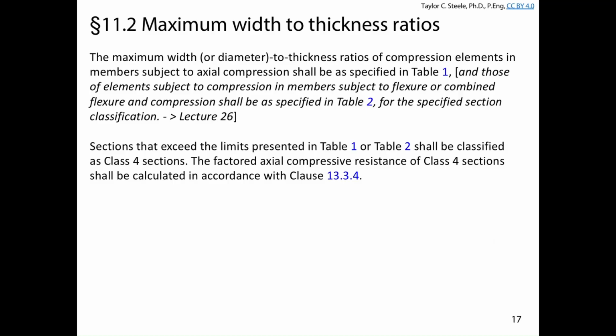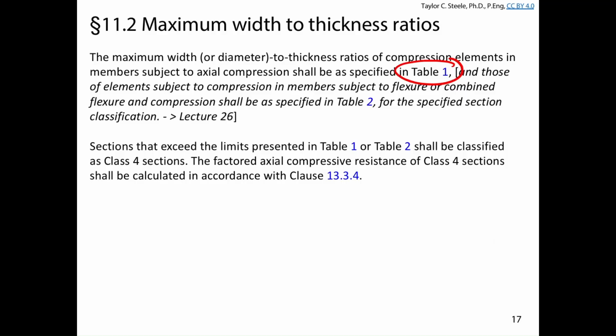So here it says the maximum width, or sometimes diameter for pipe sections, to thickness ratios for compression elements subject to axial compression are going to be in table 1. And so in table 1 of the standard, I'll show you that in a minute. This is the table that has the number divided by square root of Fy requirements as the upper limit for the width to thickness ratios for different situations.